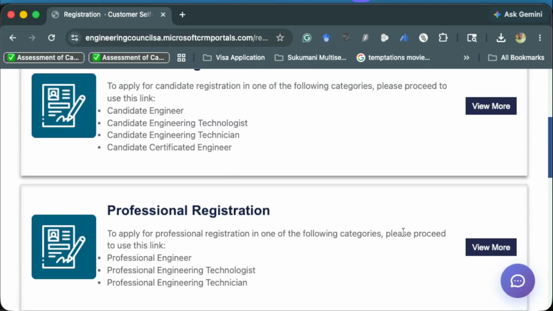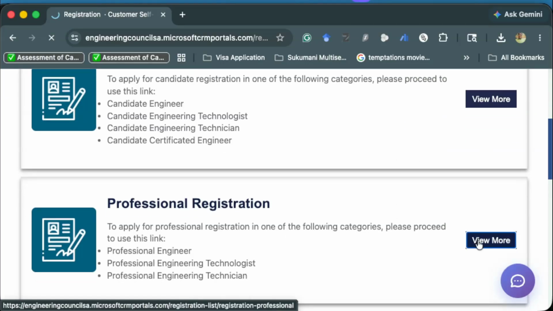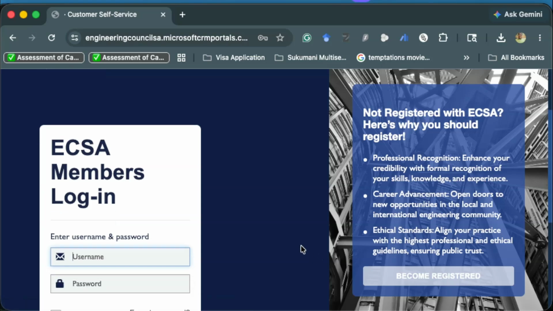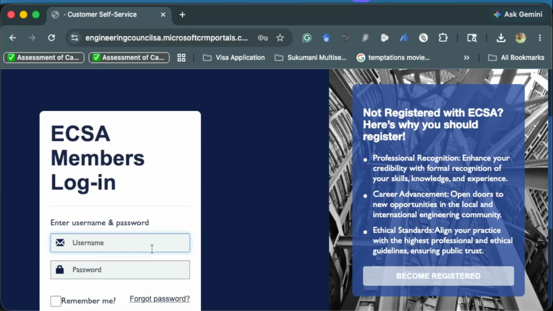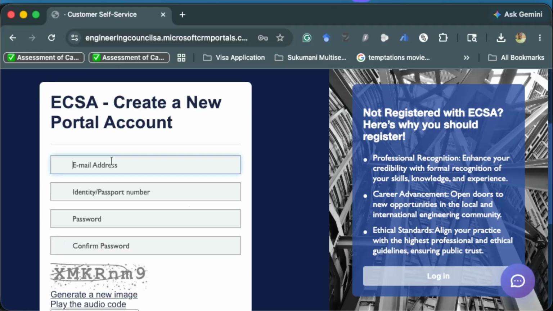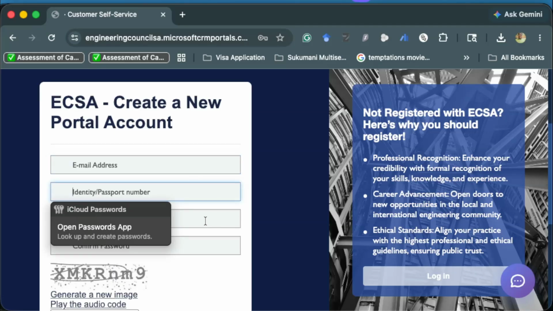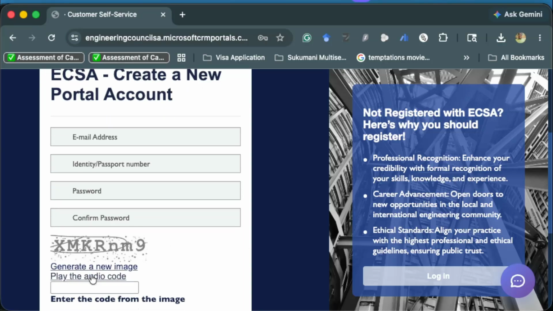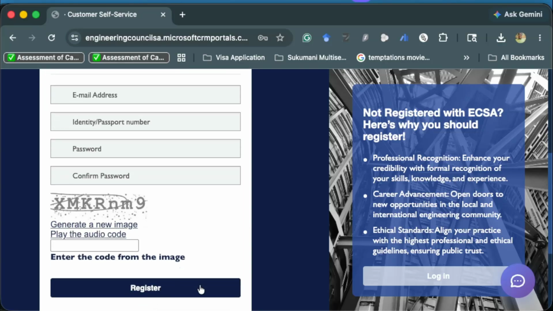For professional registration, you need to create a profile. Those who don't have a profile have to click become registered to create one. However, I have one, so I will just capture my information there. If you have one already, you put in your username and password. Otherwise, you put in your email address, your ID number or passport number, create a password, enter the code, then click register.